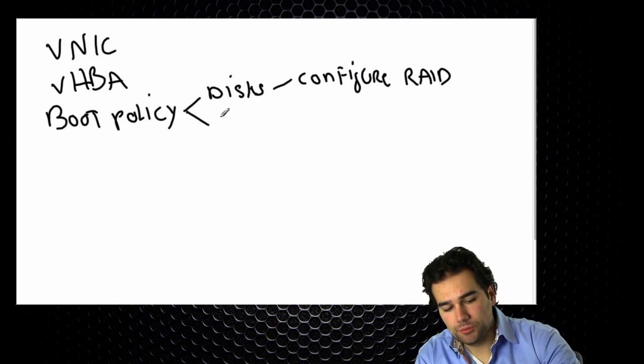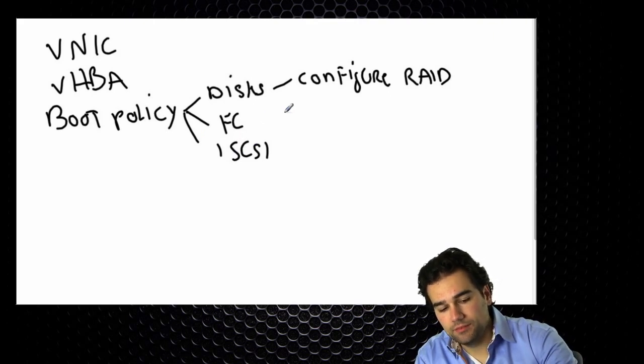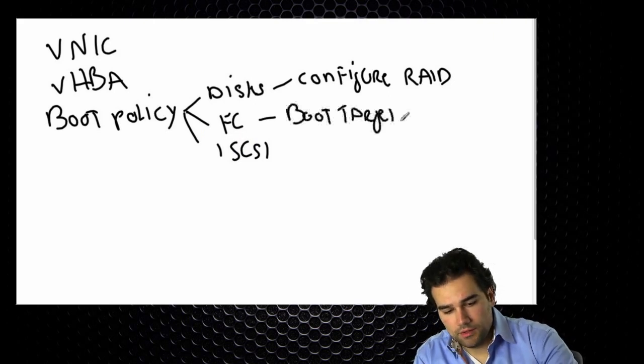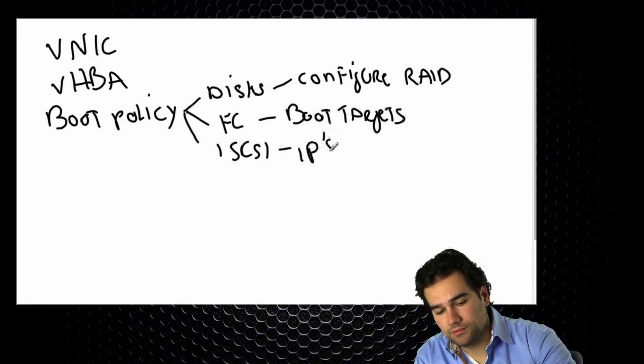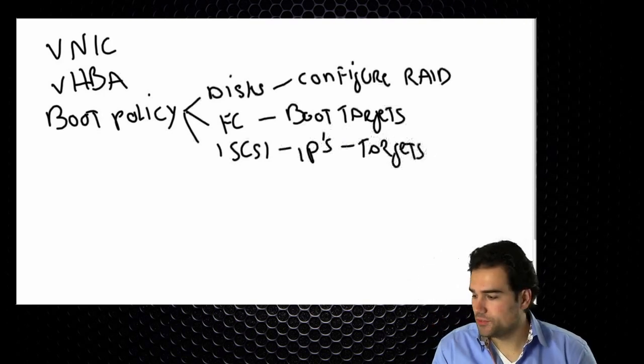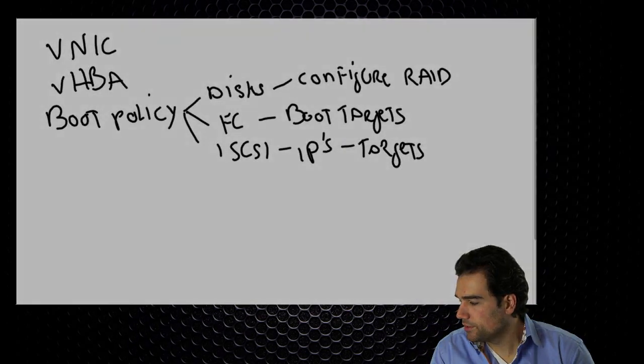I might want to boot from Fibre Channel or from iSCSI. All these settings, I need to set boot targets. As well as here, iSCSI, I need to set some IP addresses. I need to set targets. All kinds of things that I need to do before my configuration will work.